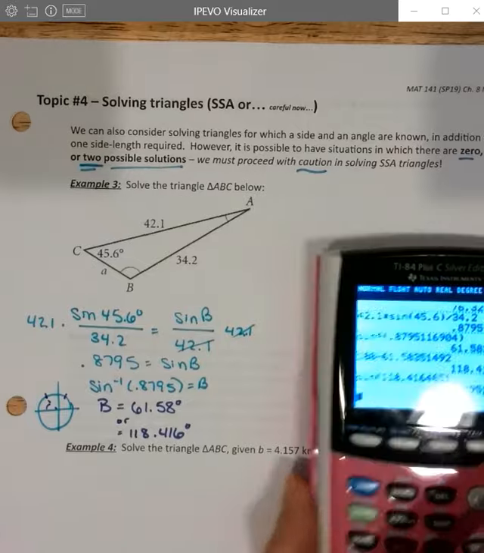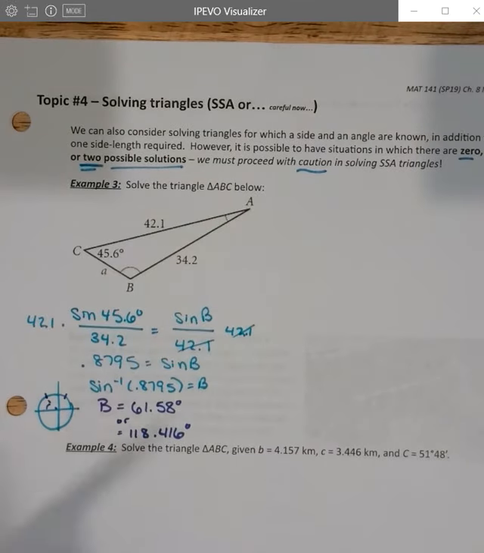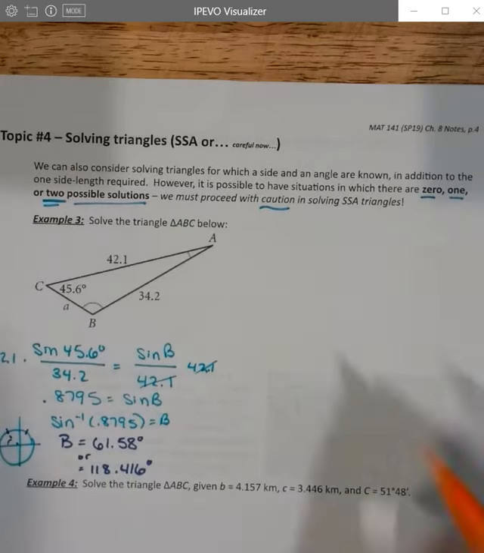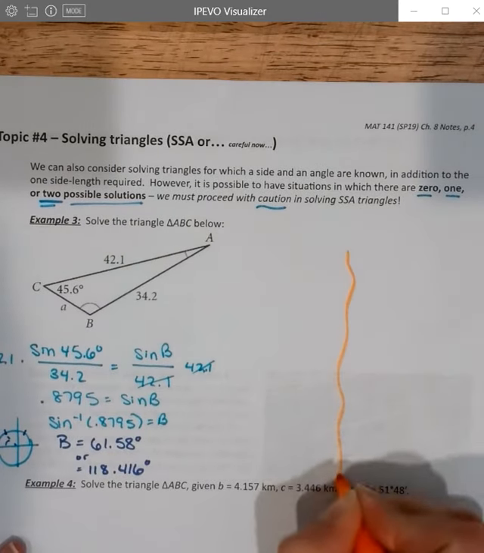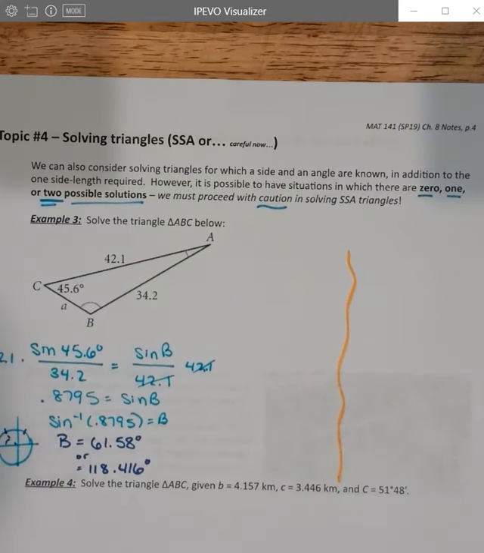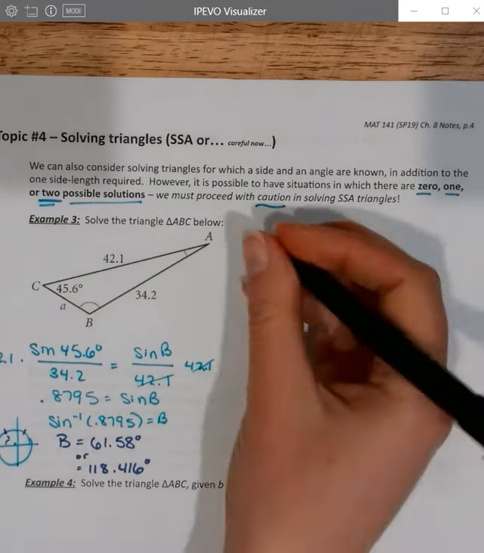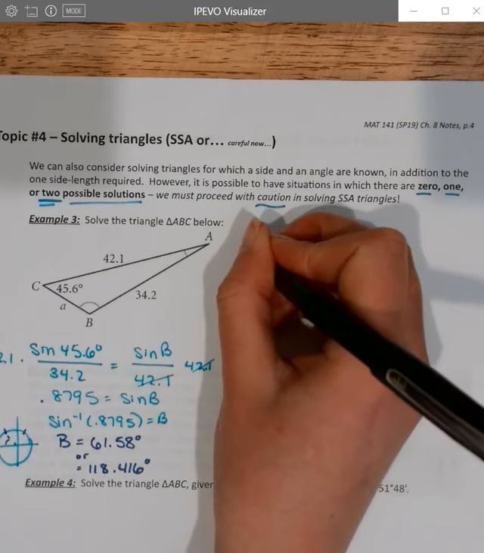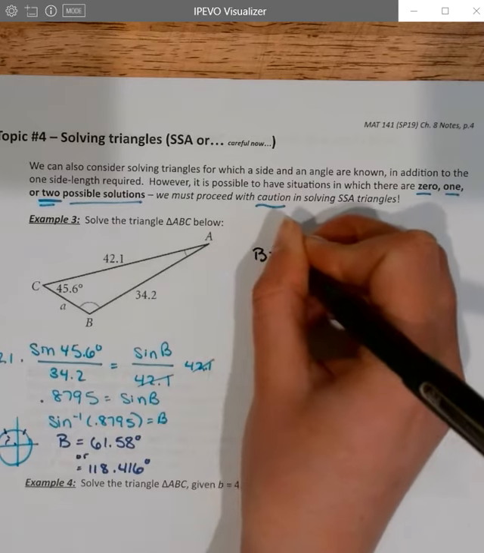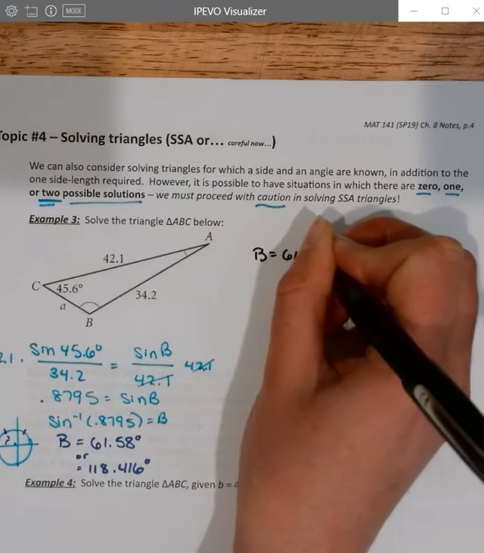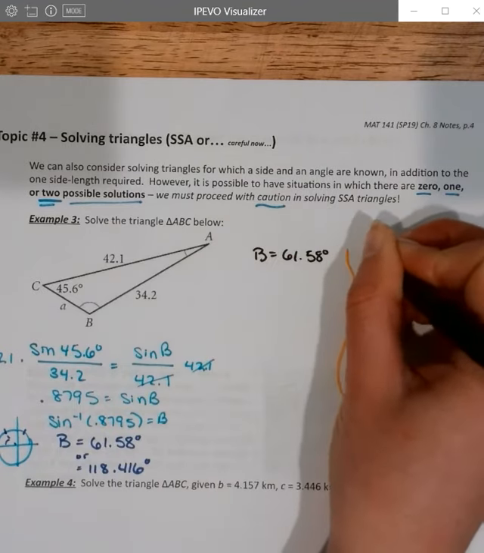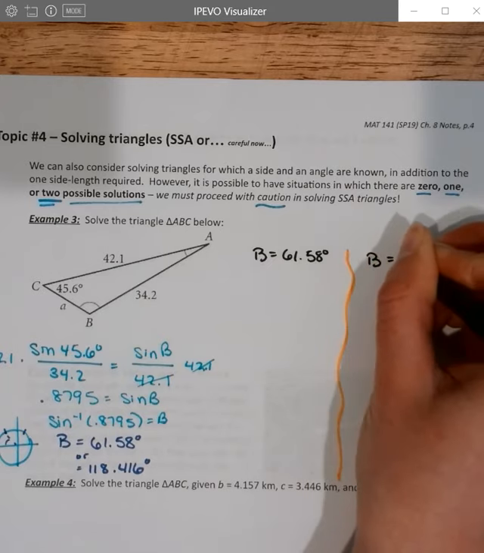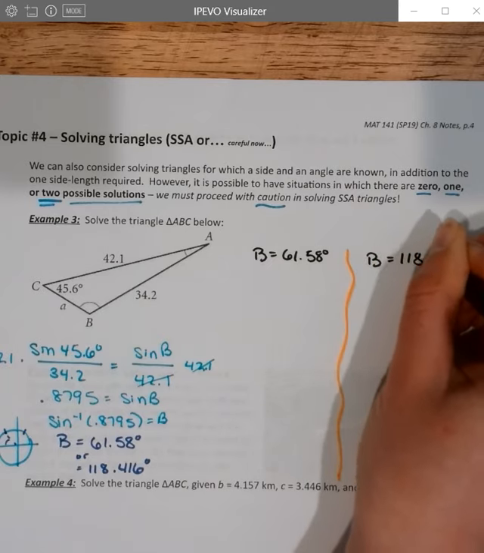Let's find out. So we've got two scenarios now, and so we're going to divide our page over here and work through both of them. Okay, so in the first case, we're looking at the B value being 61.58 degrees, and in the second case, we're looking at the B value being 118.416 degrees.